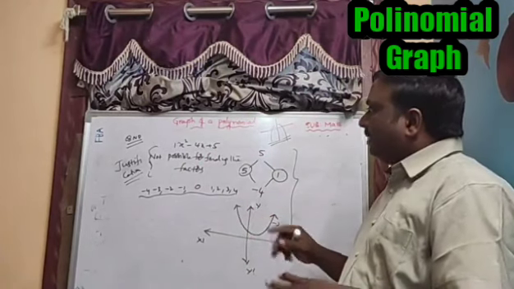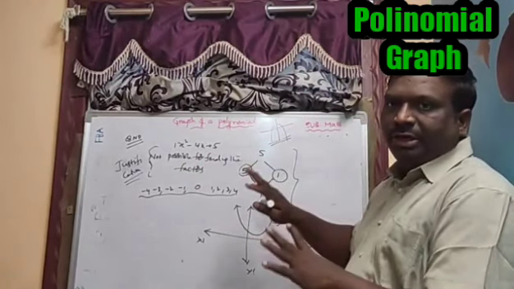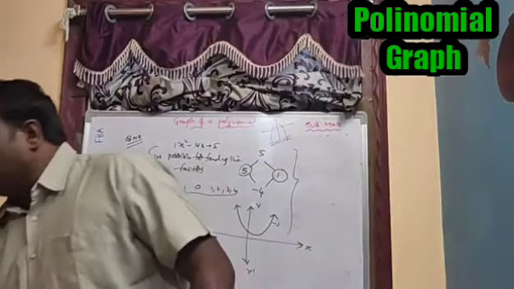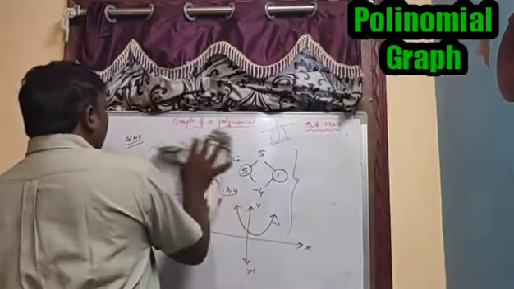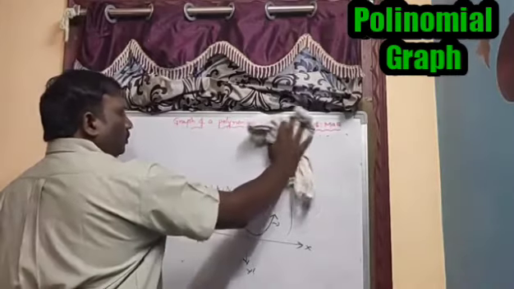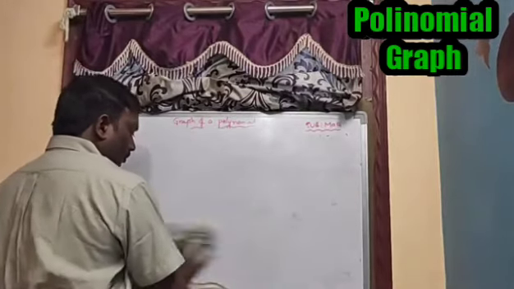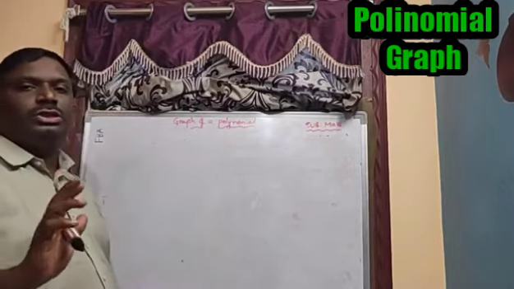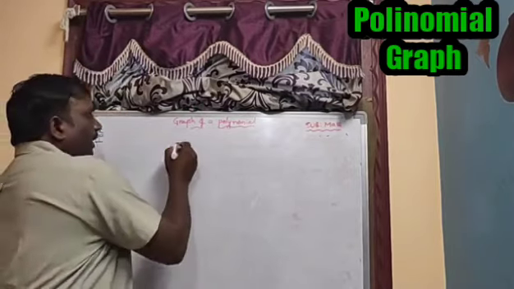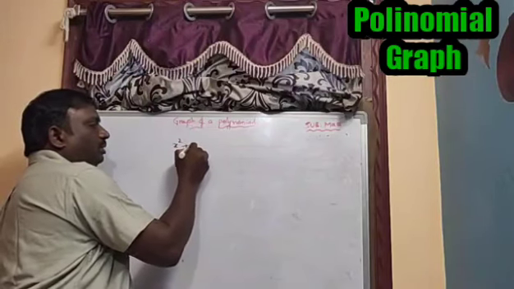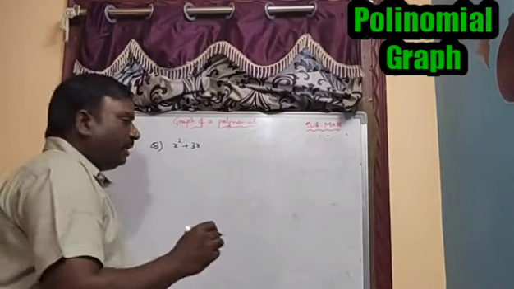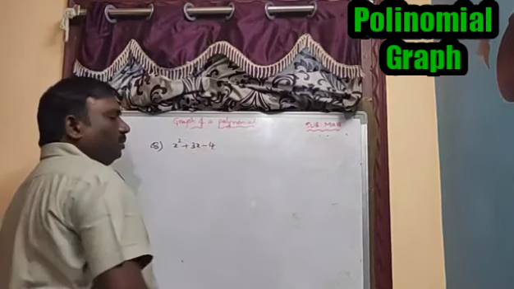In the second exercise, I think you can do your own questions. I will give you some questions to draw the graph on your own. I am giving only two questions. Using those two questions, you can draw the graph. The first one is x square plus 3x minus 4.